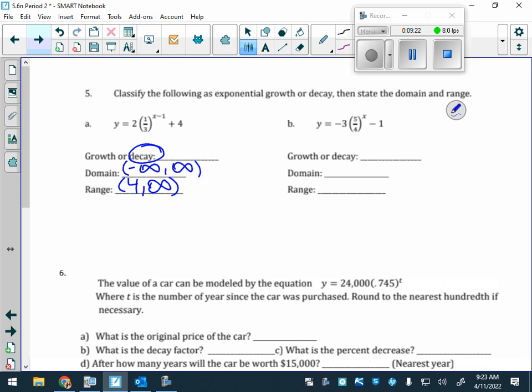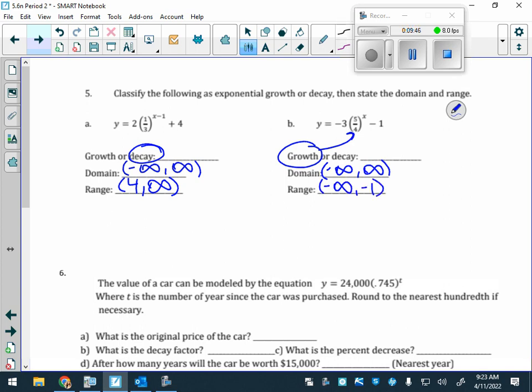Okay. For B, Gating, growth or decay? Growth. Good. So we have 5/4, which is greater than 1. What is our domain and range, Charlie? Good. Excellent. Okay.